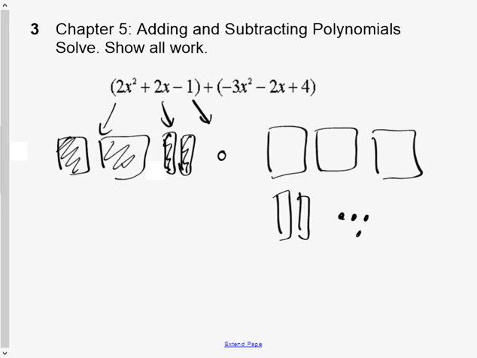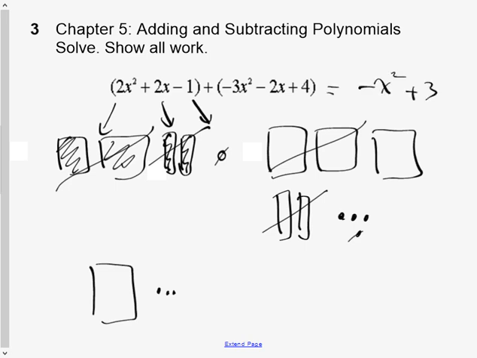When we combine these, we're really doing algebraic zero pairs. These two positive x squareds and these two negative x squareds cancel each other out, leaving me with just a negative x squared. These two positive x's and these two negative x's combine to make 0, or an algebraic zero pair. And this negative 1 and this positive 1 cancel, leaving me with 3. So when I model it, my answer is negative x squared plus 3.